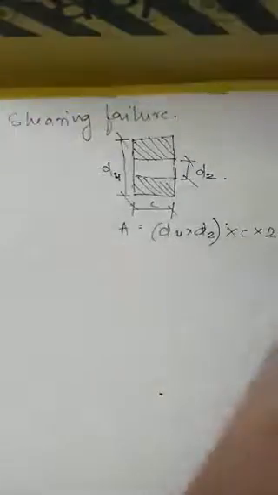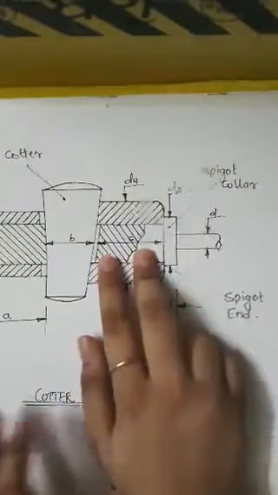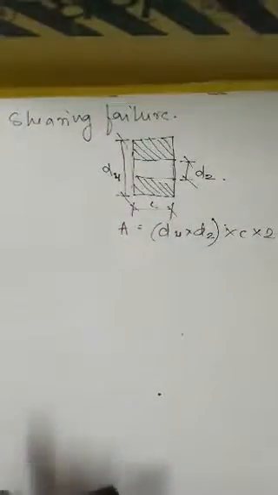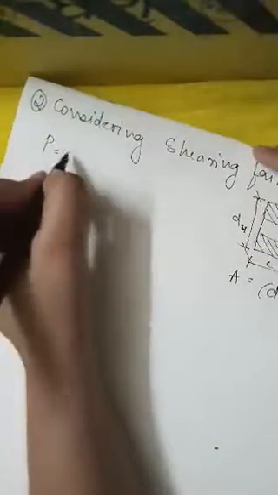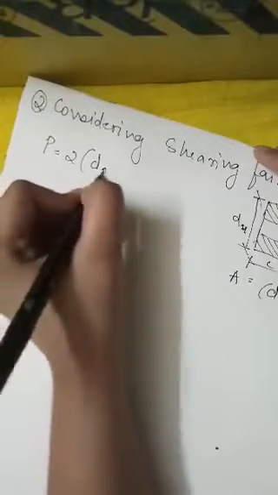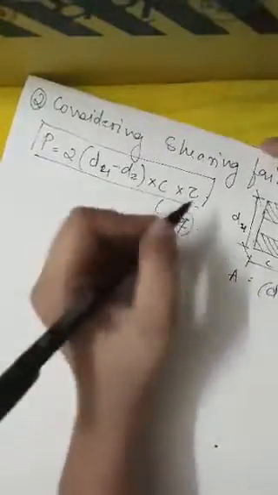C is the thickness which we have considered here. The same thickness we will take here. Now the formula will become somewhat like this. Force, or loading, equals 2 into (D4 minus D2) into C into tau. This is our formula number 7. From this equation, D4 or C can be calculated.